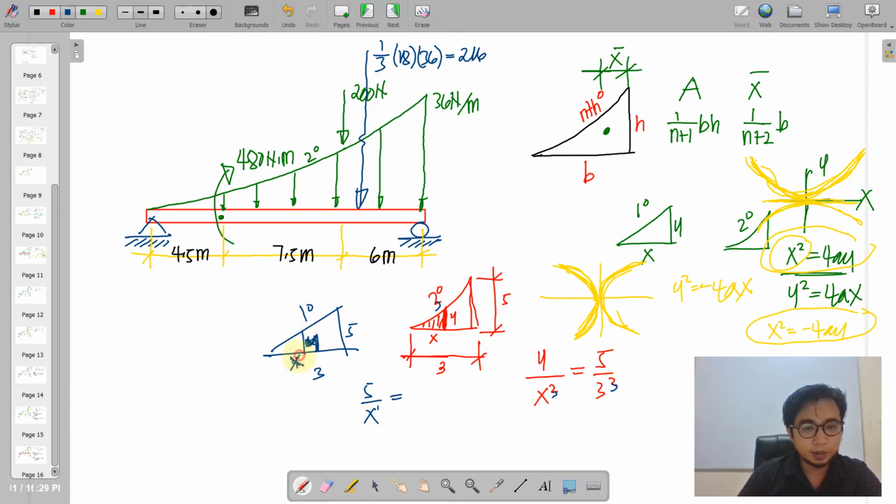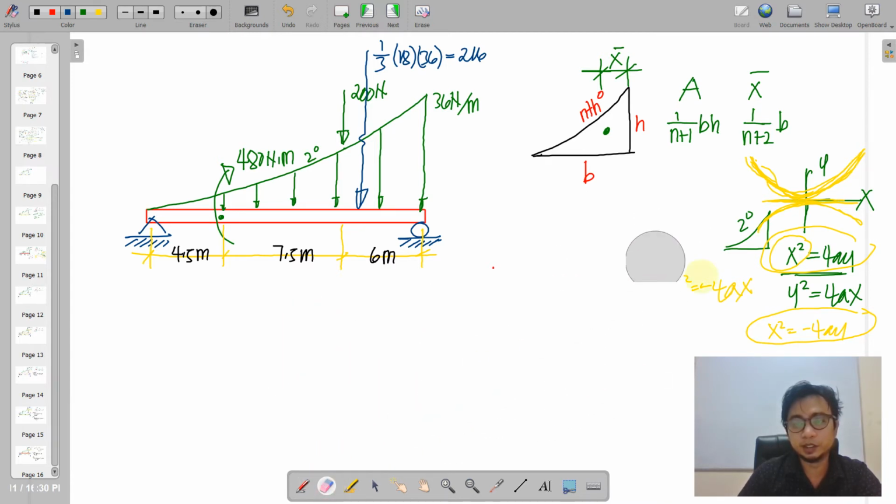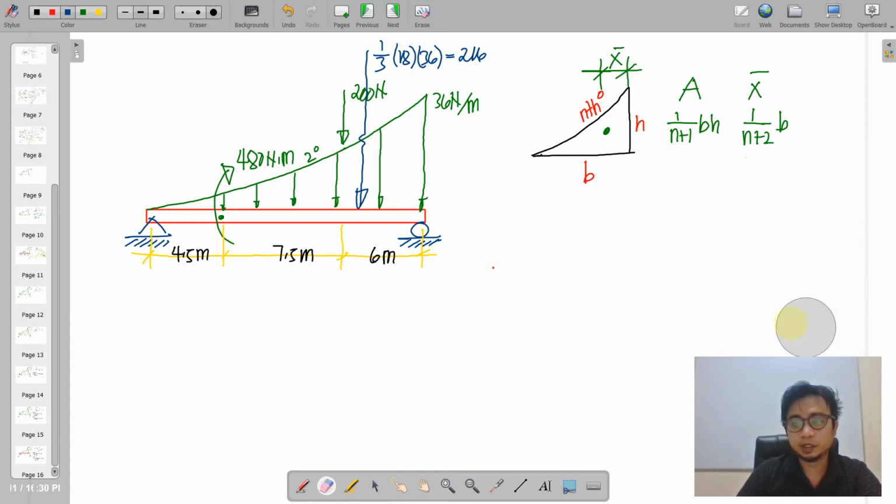So 5 is to y as 3 is to x. So what are the x's here? X and 3. It is understood that this is raised to 1 because this is a first degree curve for a triangle. It is simply a straight line. So that is for our discussion.